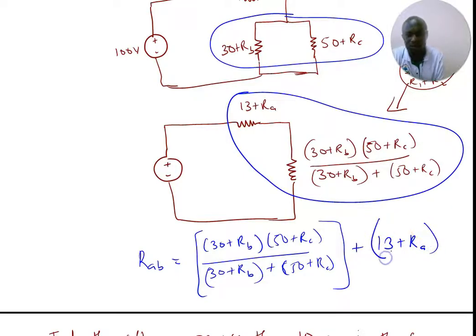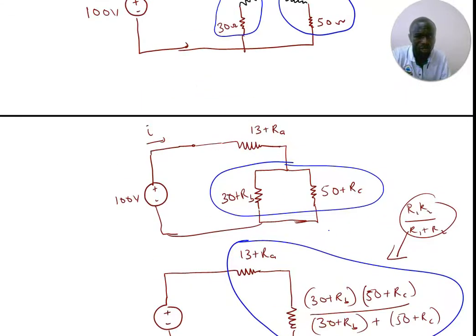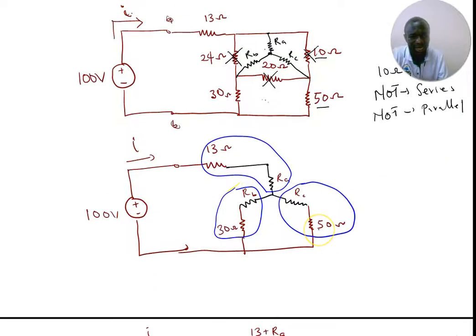Please, if you are confused with what I'm doing here, it's because you don't understand the conversion from delta to Y, or vice versa.